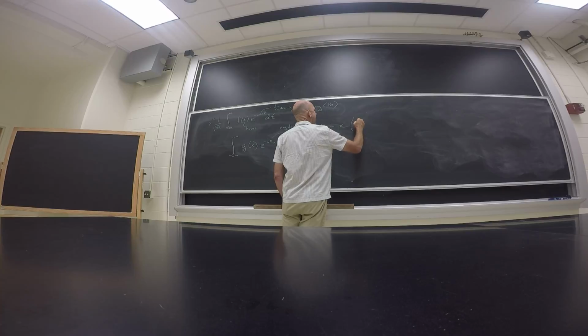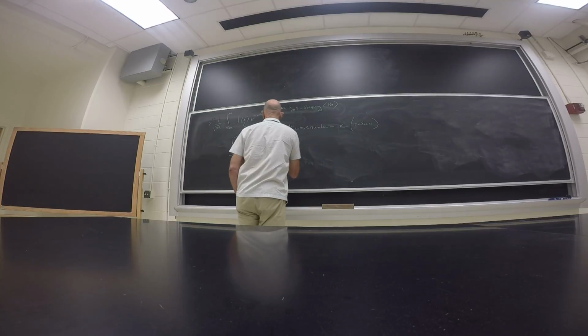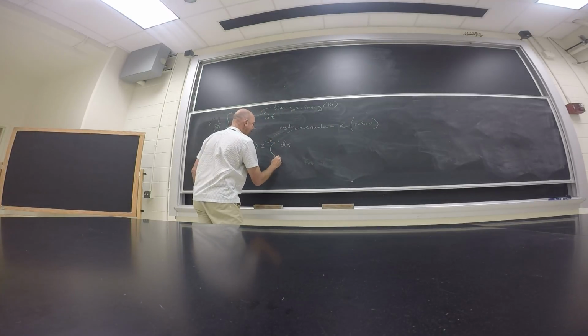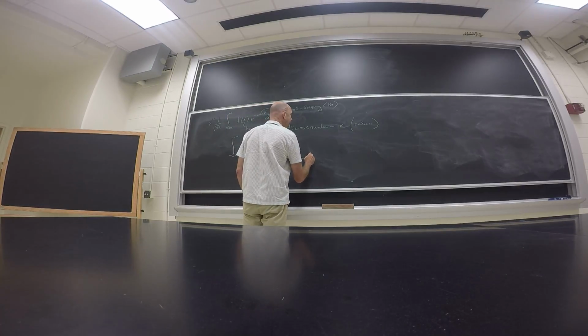And it will have dimensions radians. And if we write kx as 2 pi kappa x, kappa has units of 1 over distance.